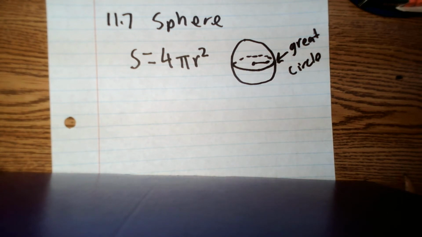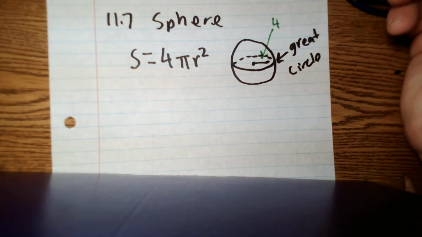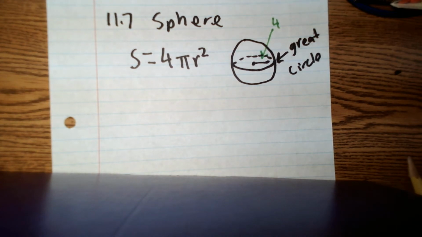Let's pretend that radius, let's call that radius 4, let's find the surface area of a sphere. Okay, it's just all calculator, right?